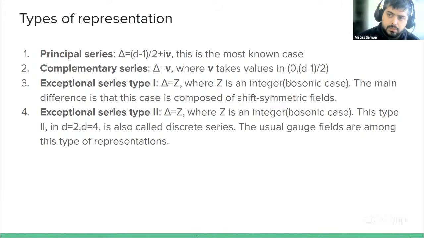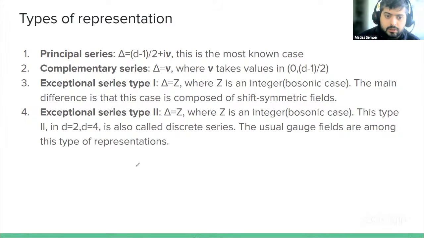Could you give a schematic argument why, say, if it's at d-1, some other value outside this range? What is the condition that fixes these very special values for delta? Unitarity and the positive norm.